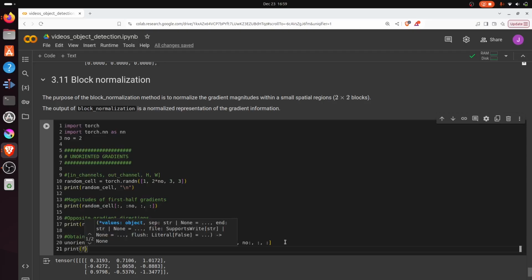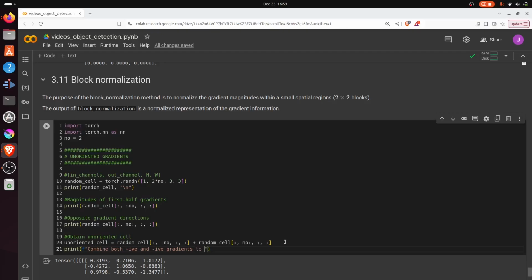Let's actually have a look at that. We're going to combine both the positive and negative gradients to get the unoriented gradients.